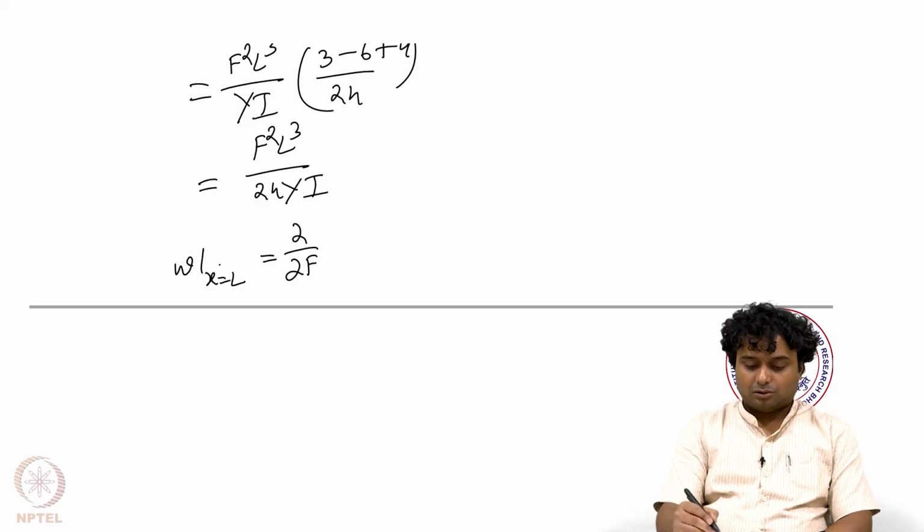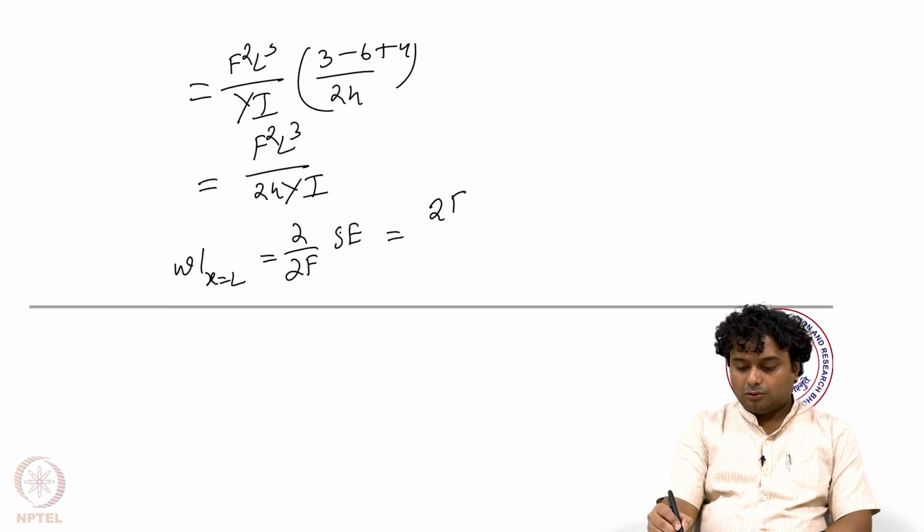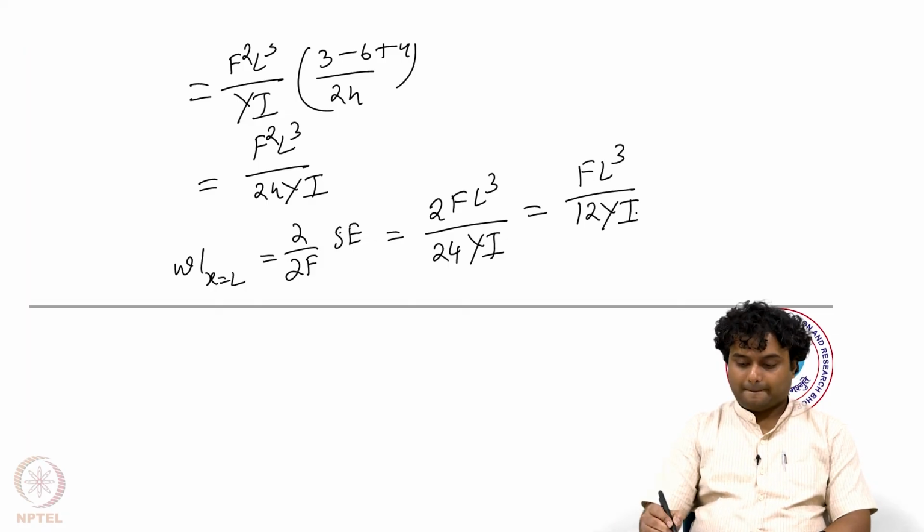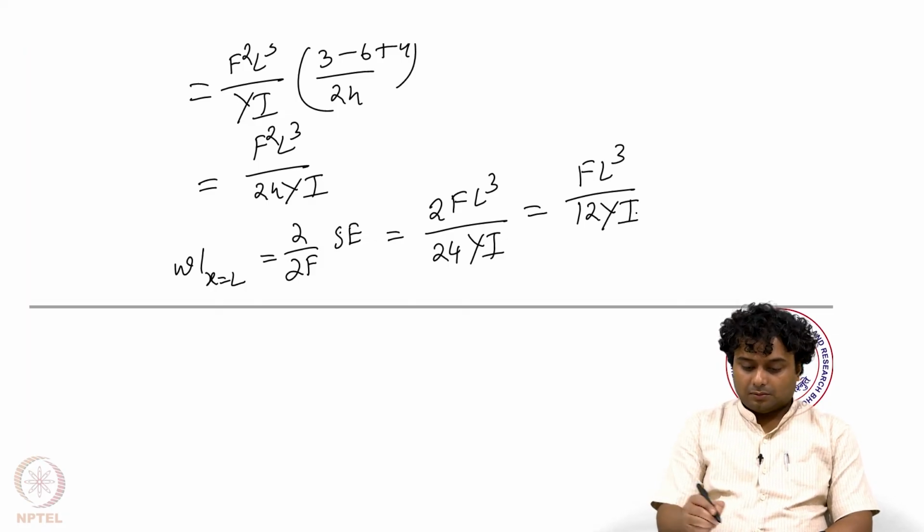So W, the deflection, equals del of strain energy by del F as per Castigliano's theorem. That is 2F L cube divided by 24YI, which equals F L cube divided by 12YI. So now we know the deflection.